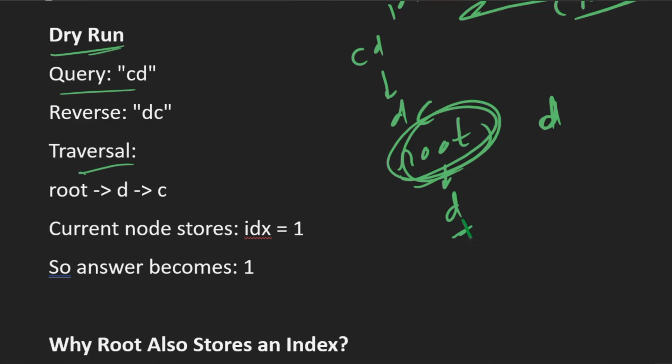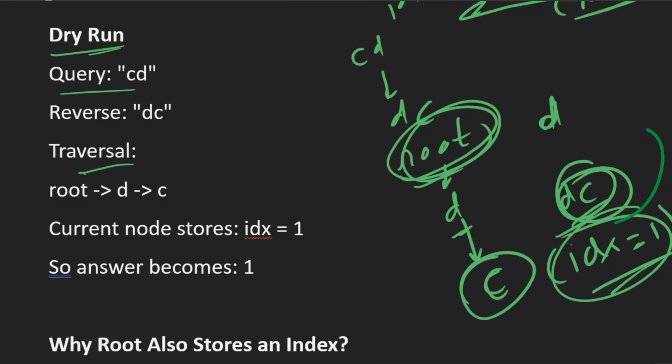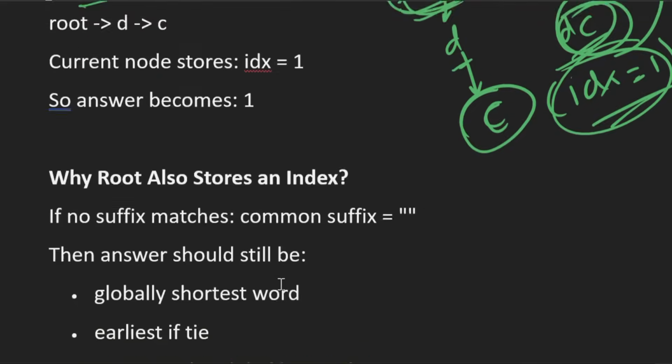Then we see whether d has a child c. Suppose d has a child c, then our query string has been completed. So this is our last valid node, and we check the index value here. Let's suppose the index value here is 1. So for this string, our answer is index equal to 1. So 1 is our answer. This way we will query.